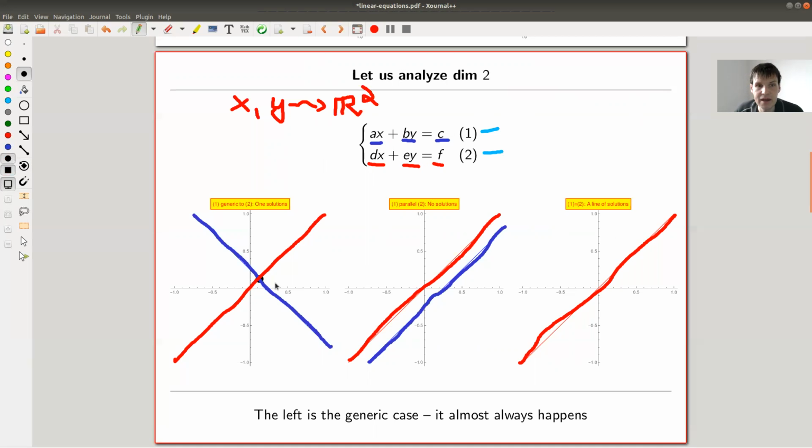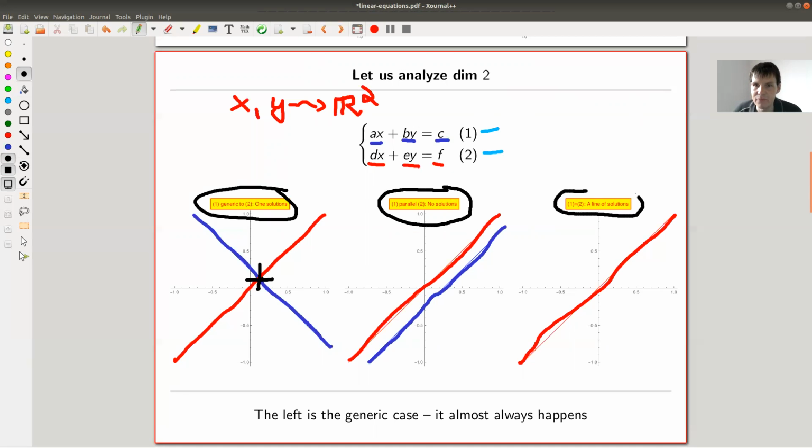Three things could happen. Generically, they would just intersect somewhere, and you have one solution, namely the intersection. This is the generic case. If you're a little bit unlucky and you have chosen your a, b, c, d, e, f in some stupid way, then you might end up with two parallel lines, and then of course you get no solution, or you would end up with two parallel lines which completely coincide.